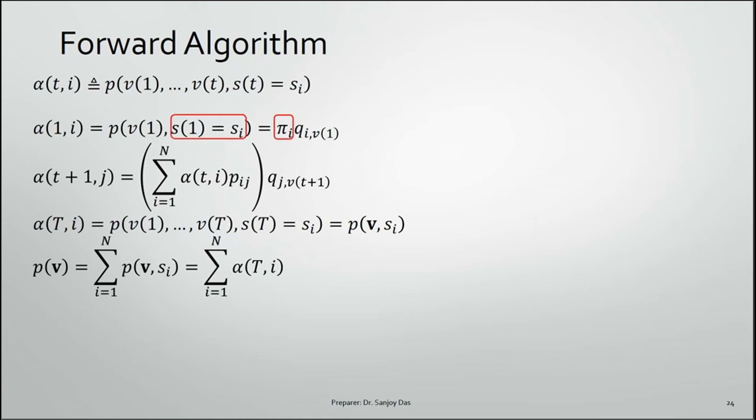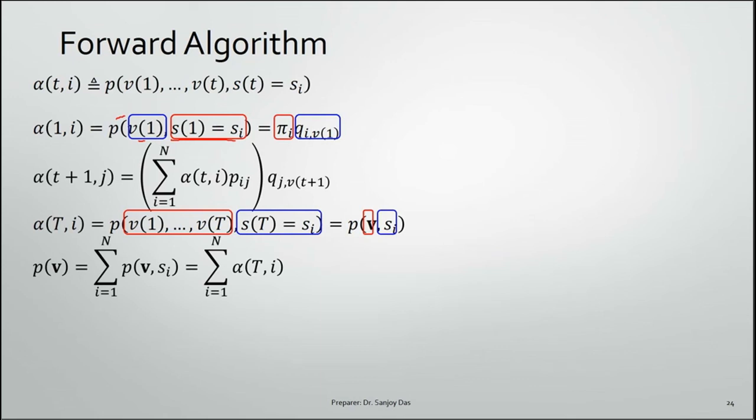Now, at the initial time step 1, by definition, alpha 1i is the probability of v1, comma s1 being equal to si, and that's easy to compute. Probability of s1 being si is simply pi i, the initial probability, and probability of v1 being generated from si is qi, comma v1.